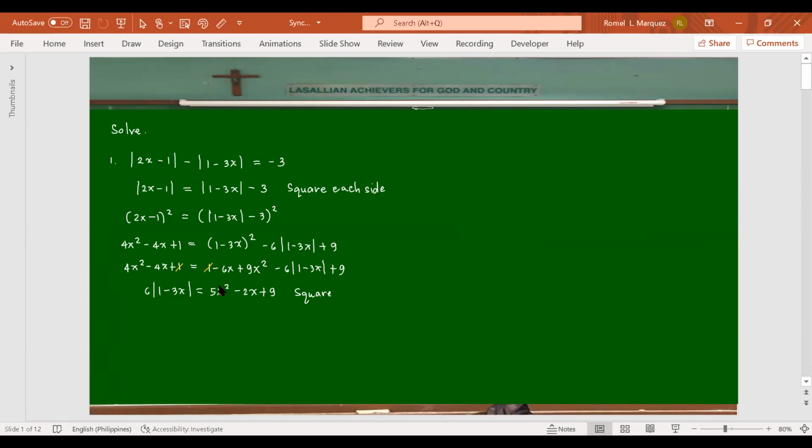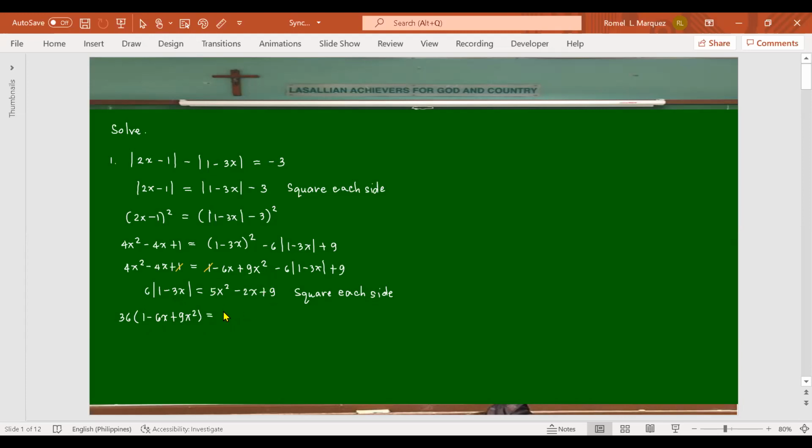A higher degree, no? Not anymore quadratic. This is what I am telling you, no? It will not lead us to a quadratic, unlike what we had last time. So when we square this, it is 36 times what? 1 minus 6x plus 9x squared. Am I correct, guys?